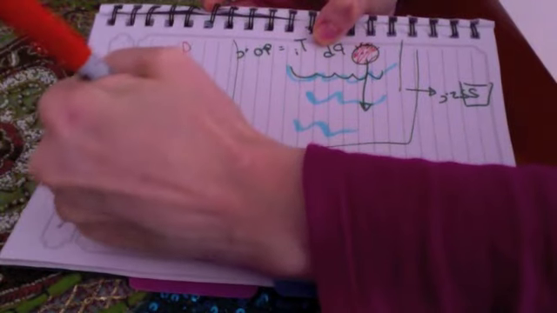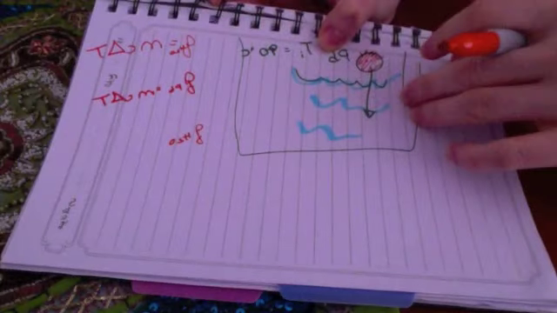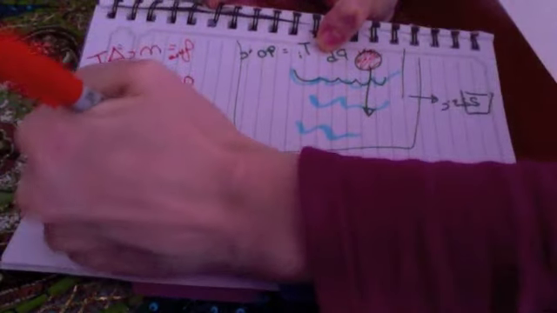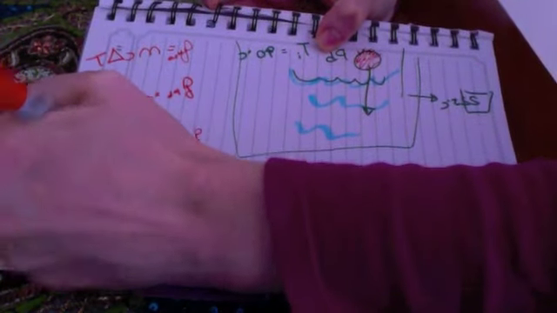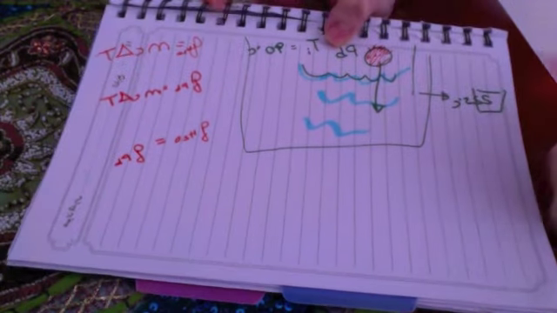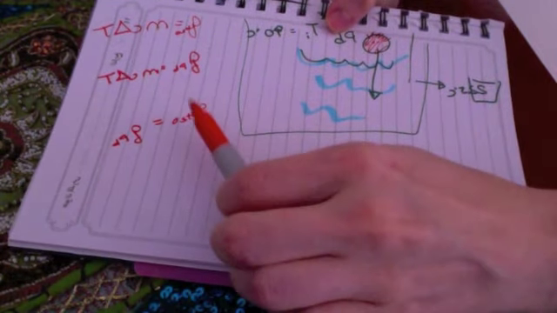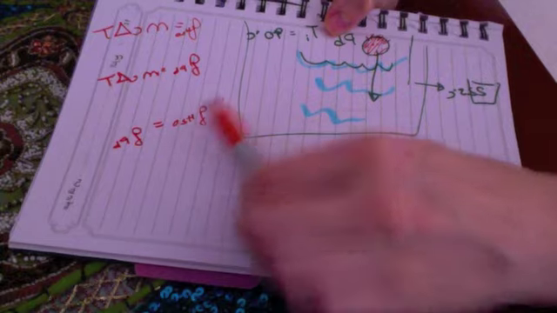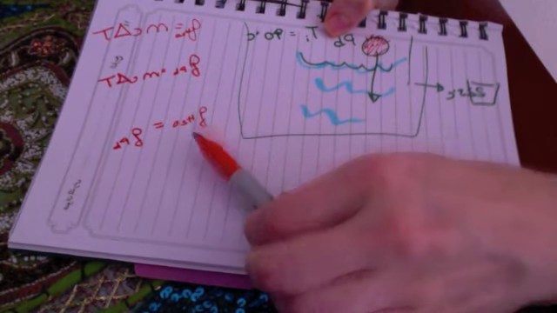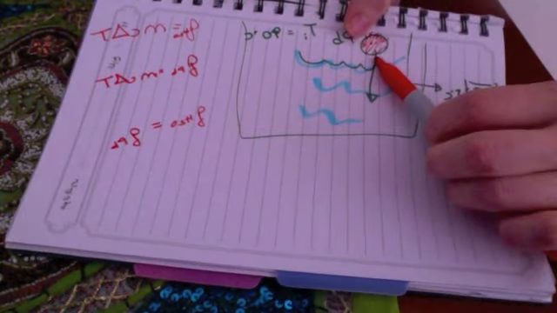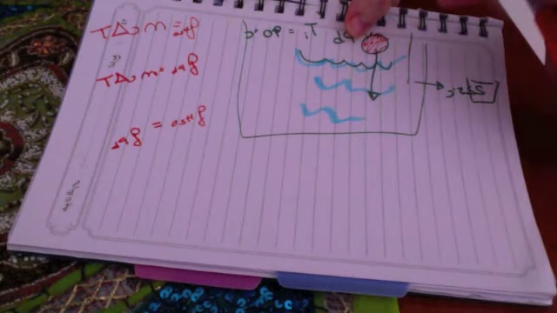So this is what we did in the laboratory. We said that q of water, and of course it was the water plus the calorimeter or whatever the apparatus is around it, but for the sake of our calculations, I'm just not going to write that. So the heat evolved of the water is exactly the same as the heat evolved of the lead. The only difference is one of them gained and one of them lost.